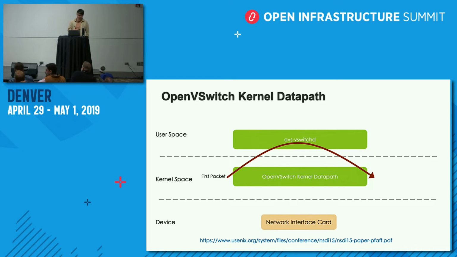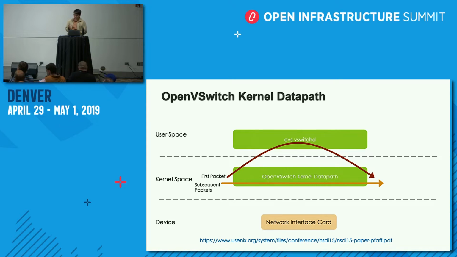So as a default action, the kernel datapath will upload the packet to ovs-vswitchd. In user space, ovs-vswitchd determines how the packet should be handled, then passes the packet back to the kernel datapath with the desired handling, and tells the datapath to cache the corresponding instructions for subsequent packets.